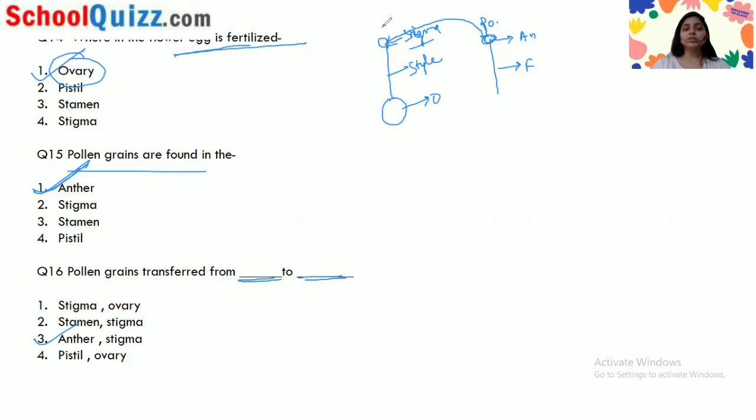This is called pollination. Then the pollen bursts and grows into a tube-like structure and reaches the ovary, where it is fertilized with the ovule. This is the fertilization process. So that's how you can tell that the egg is fertilized in the ovary.